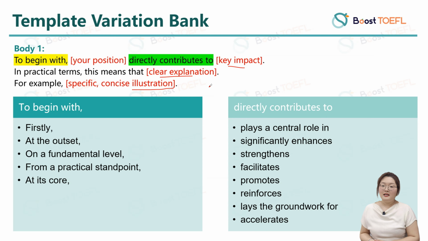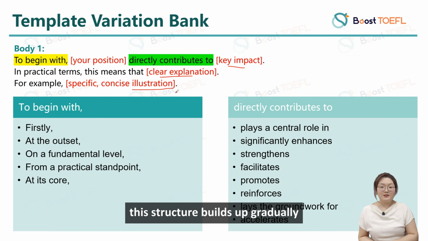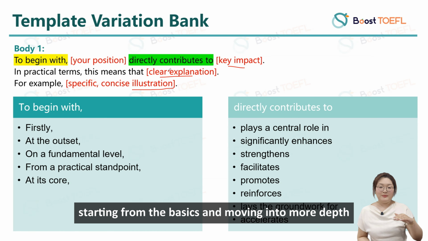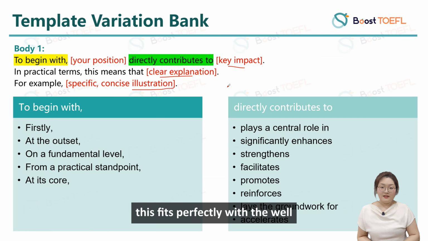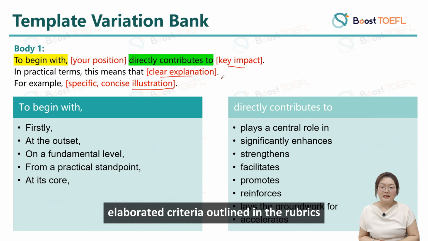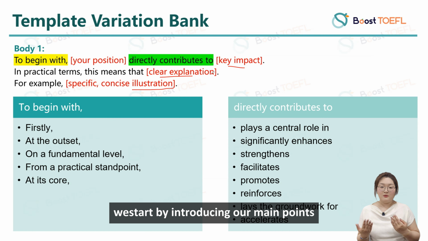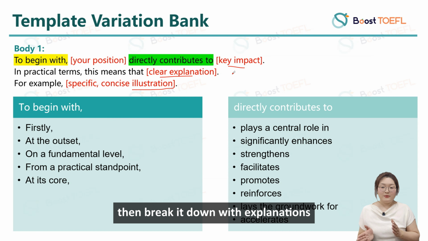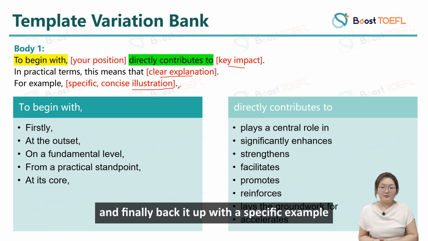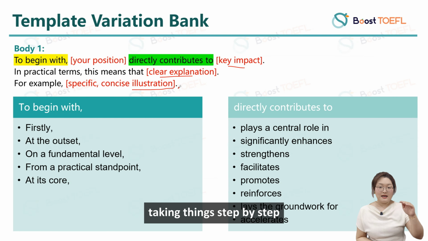As you can see, this structure builds up gradually, starting from the basics and moving into more depth. This fits perfectly with the well-elaborated criterion outlined in the rubrics. We start by introducing our main point, then break it down with explanations, and finally back it up with a specific example, taking things step by step.